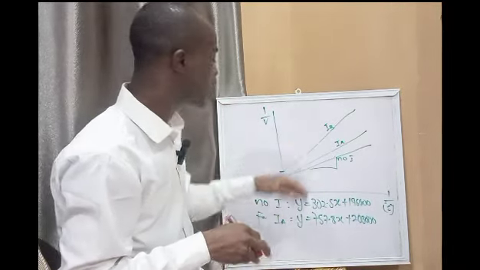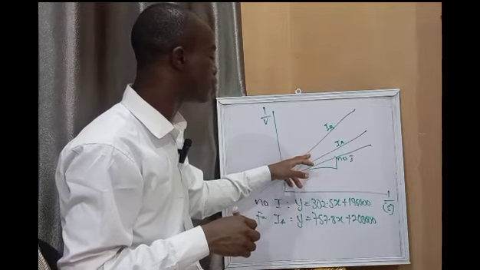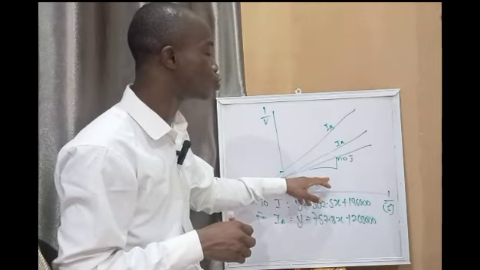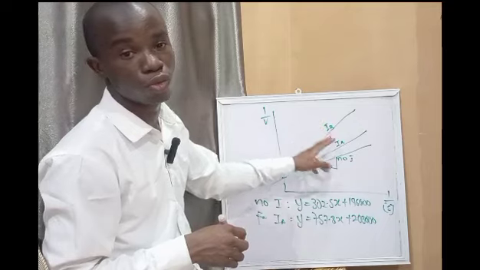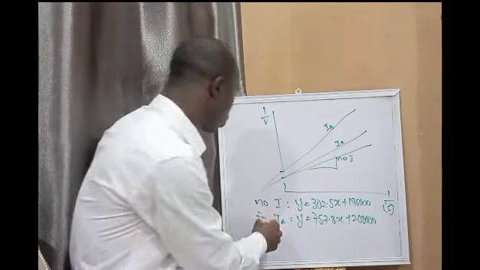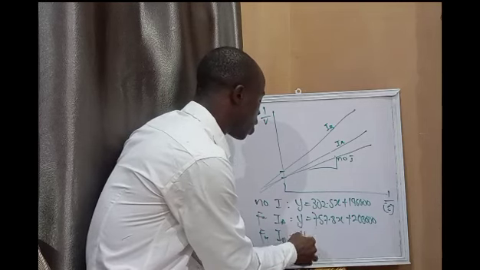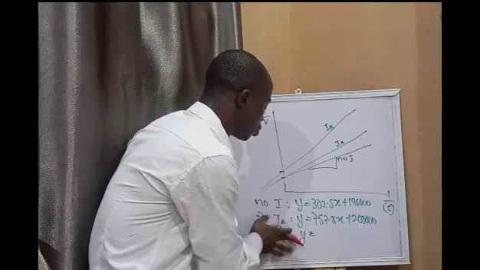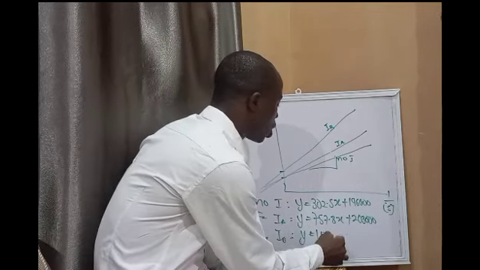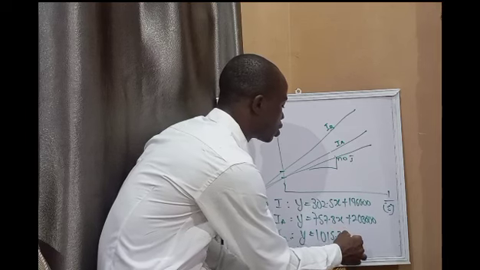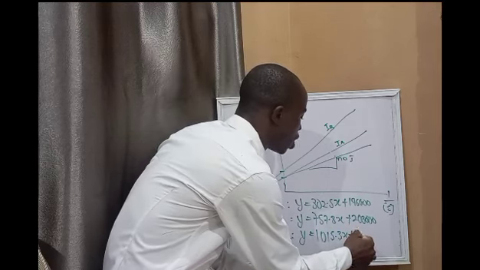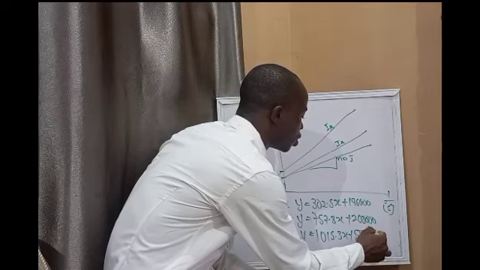And for this last line that we have here, which has a different y-intercept from these two, and at the same time a different slope, the equation for the line of inhibitor B is y equals 1015.3x plus 595,000.